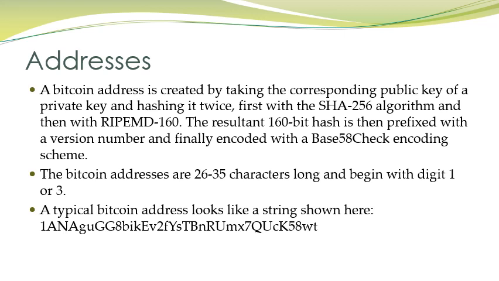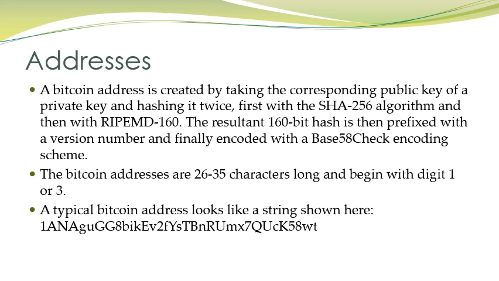We will not go into the details of this mathematics, but you can remember the steps. The address is created from the public key of a private key, and then a hash function is applied twice. The first hash function applied is SHA-256.